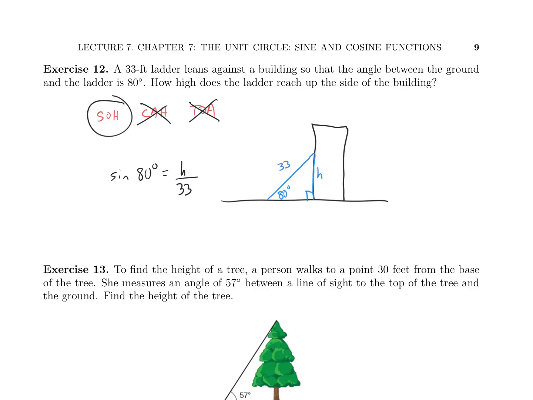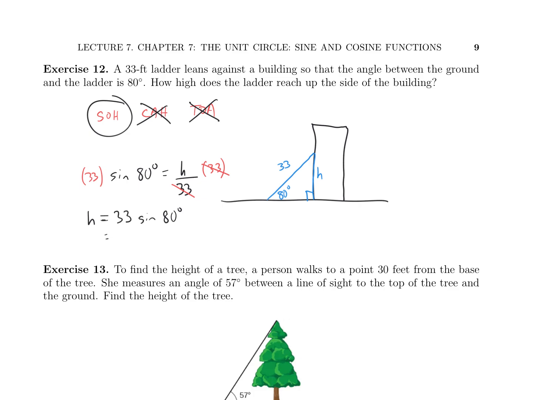And now we simply need to solve for h. So this is just an easy algebraic equation. To solve for h, you have to multiply both sides of the equation by 33 in order to get h isolated. So you get h equals 33 sine of 80 degrees. It's really important to make sure that your calculator is in degree mode.